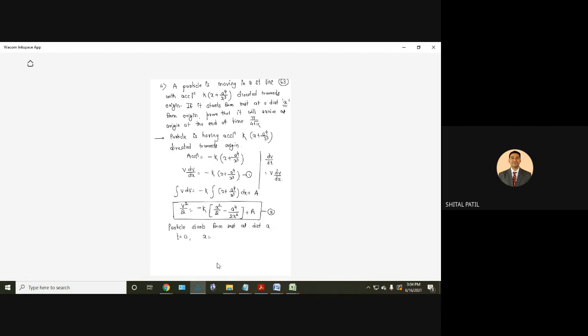Therefore, our aim is to remove the A, no? For that, we are considering this as the initial condition. Okay, x equal to a, so v equal to 0 minus k a square by 2 minus a raised to 4 divided by 2a square plus A. A equal to 0. Cross check it.